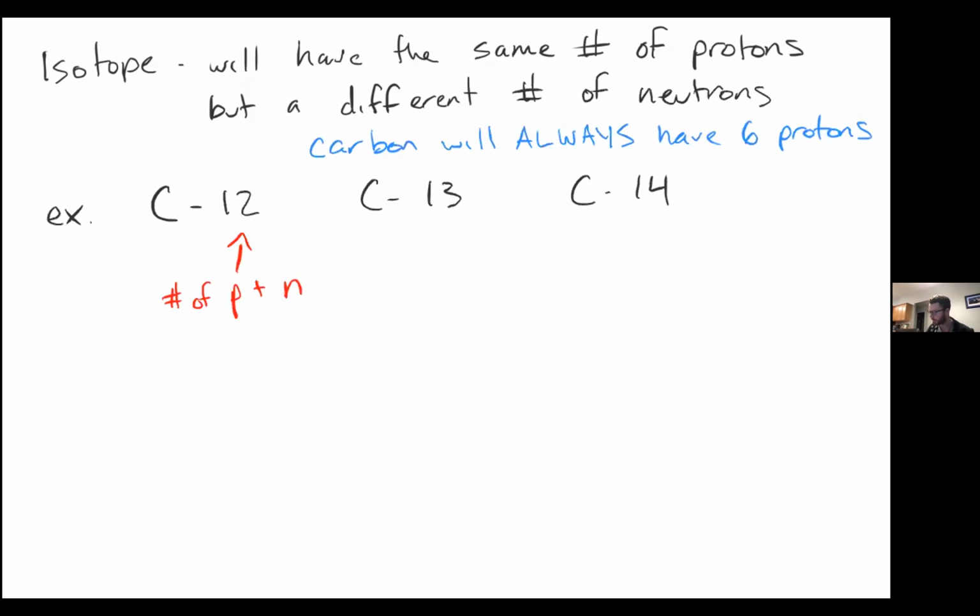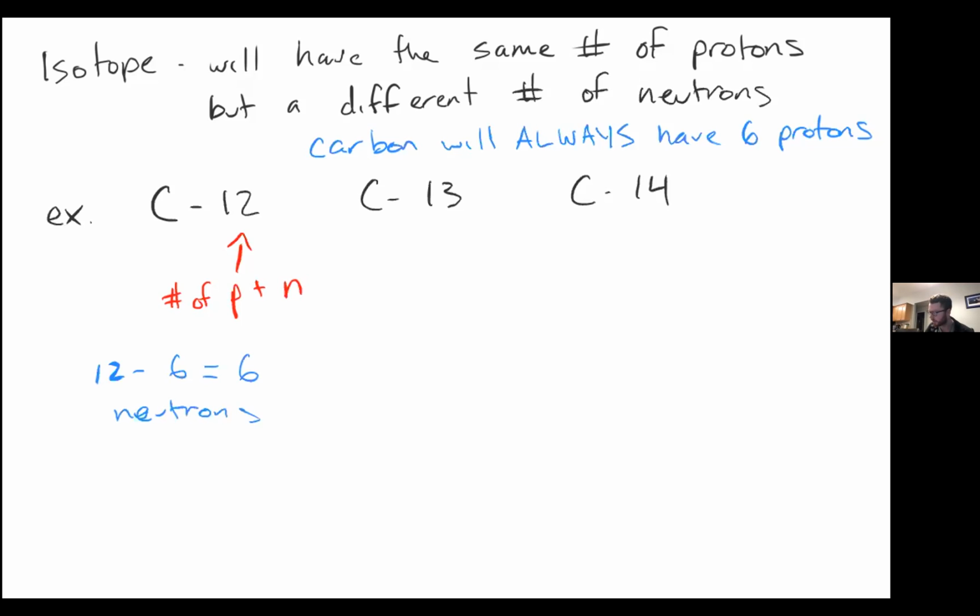For carbon 12, 12 will be the atomic molar mass. So if we subtract the amount of protons from it, 12 minus 6 equals 6 neutrons.